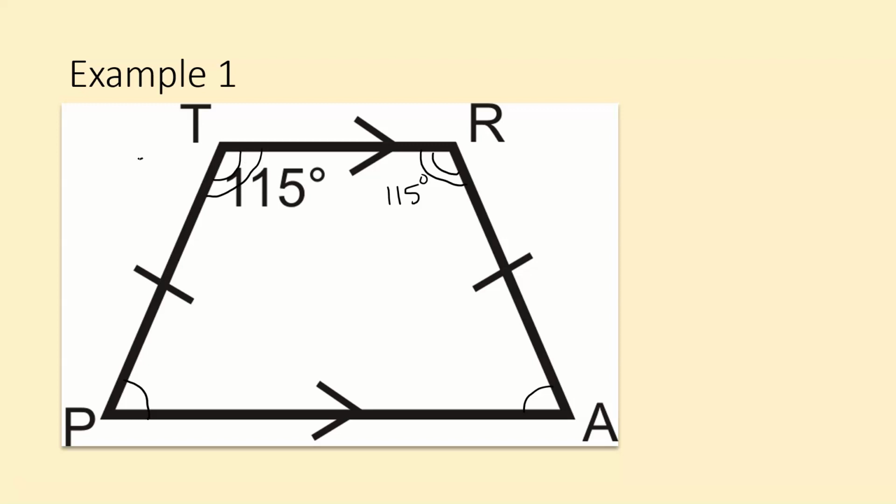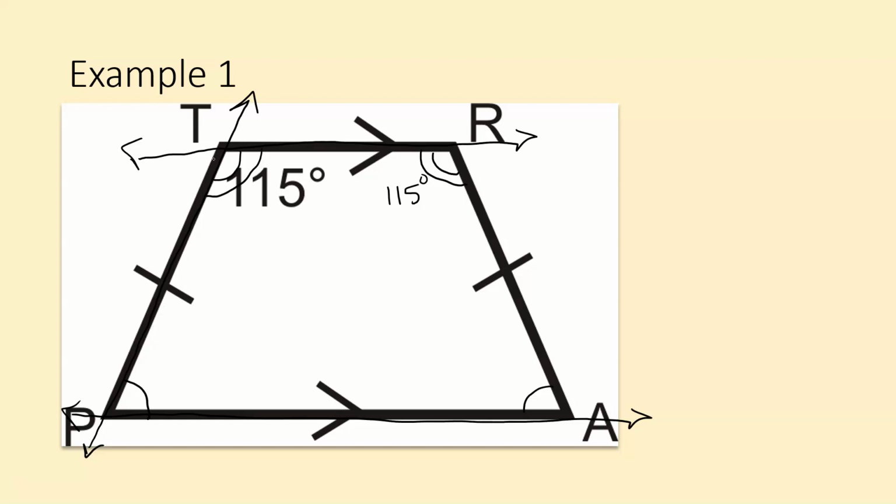We have parallel lines here, that's parallel to this, and then we have this transversal line here. So we have 2 parallel lines, TR and PA, and TP is a transversal line.